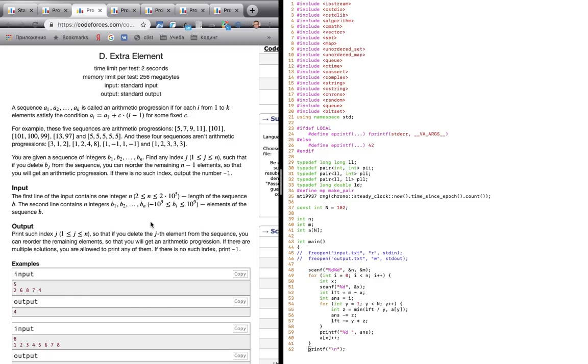So we are given some array of numbers. We have to delete exactly one of them, such that we can reorder all remaining numbers, and they will be an arithmetic sequence.